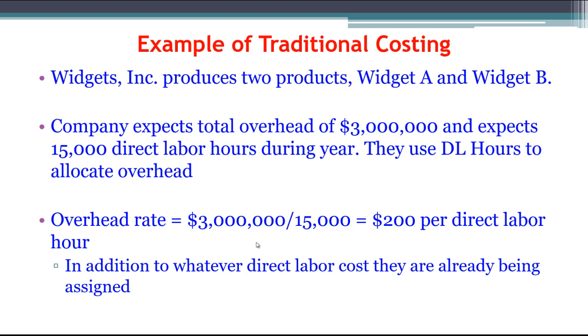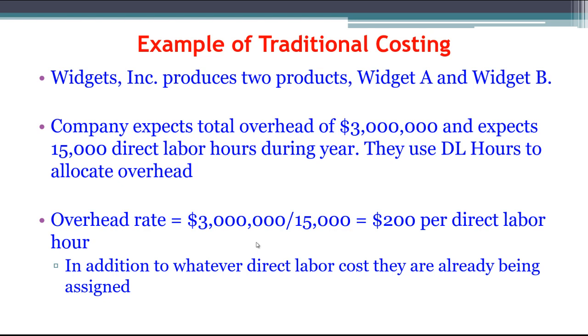So the calculated overhead rate is going to be $3 million estimated overhead divided by 15,000 estimated direct labor hours to get a rate of $200 per direct labor hour. And just as a reminder, yet again, that's in addition to whatever direct labor costs they already had.